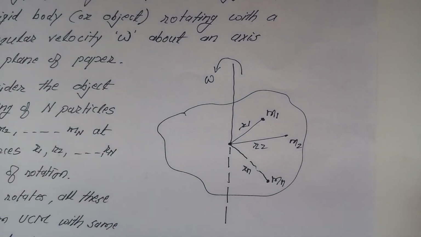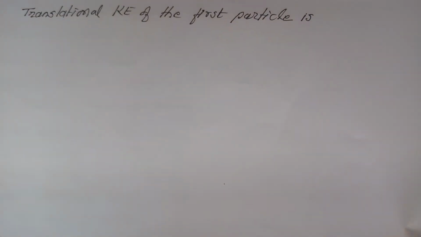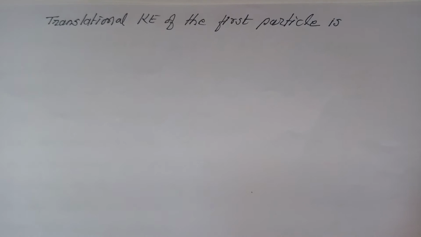So how can we find that? For that, we can say here the kinetic energy of the rotating body. First we obtain the translational kinetic energy of the first particle. What is the translational kinetic energy of the first particle?